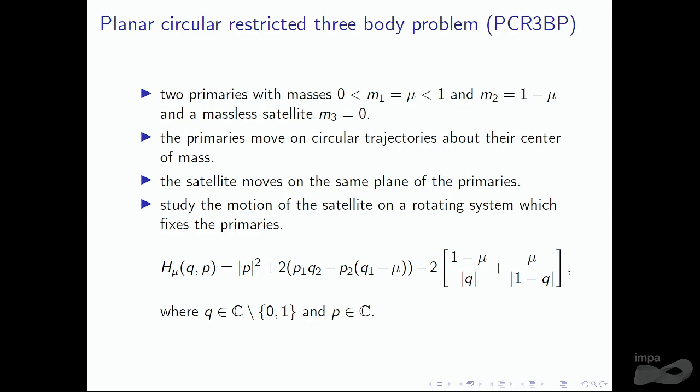The heavy primary, I will call it the heavy primary because mu will be taken small, is located at 0. And the other primary with the small mass is located at 1. And the final term here corresponds to the potential produced by the primaries.